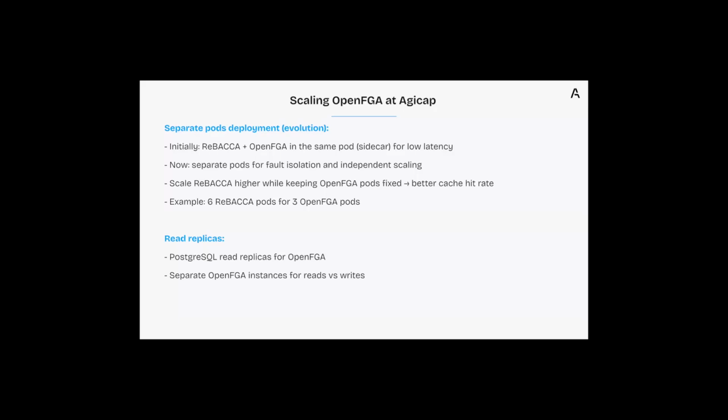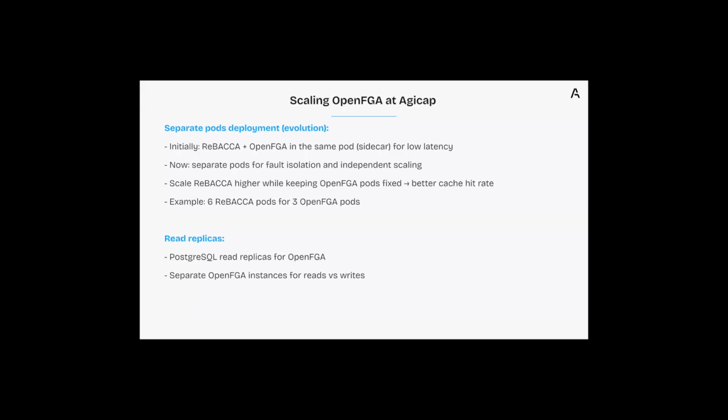We also couldn't scale them independently, so we split them into separate pods. This lets us run more Rebecca instances while keeping fewer OpenFGA pods, which is better because it improves the OpenFGA cache hit rate.